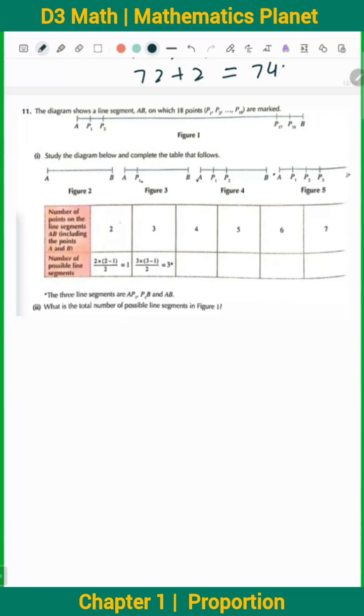The number of points on the line segment AB includes the points A and B. So we need to include the points A and B. If there are 2 points, the number of line segments would be 1. If there are 3 points, 1, 2, 3, the number of line segments would be 3.